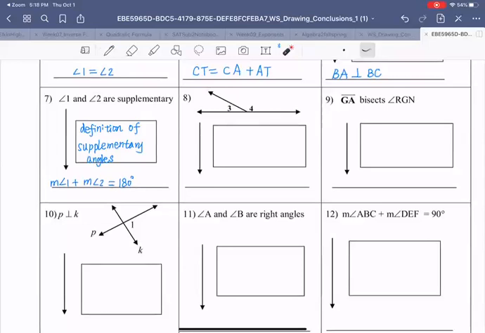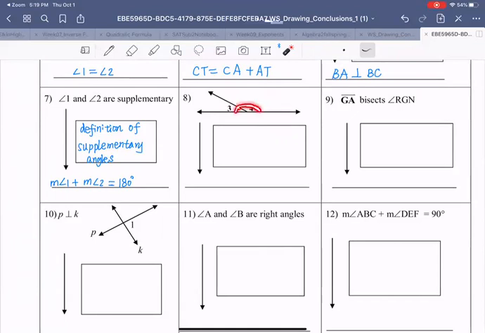Look at this. These two angles are called what? Supplementary. It's a linear pair, right? Is there a difference between collinear and linear? Collinear is talking about 3 points in a line. Linear is like 2.